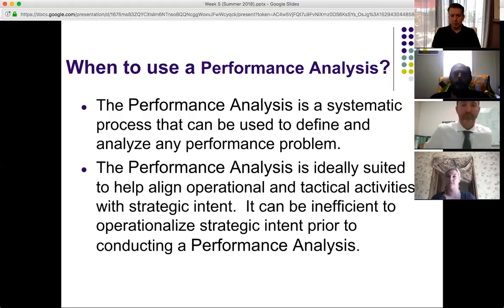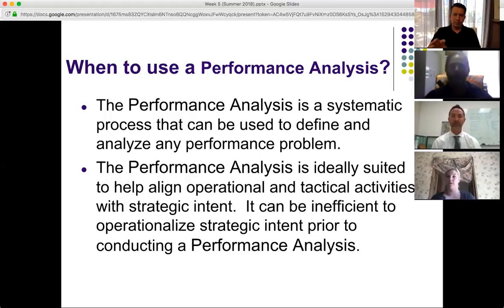It's ideally suited to help align the operational level, which would be the level at which most of the work gets done in an organization, with the tactical level, which is middle management, typically how you operationalize strategic goals, and finally strategic goals. So those three levels.